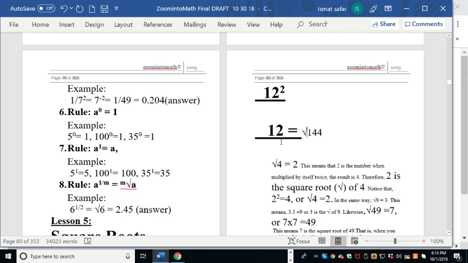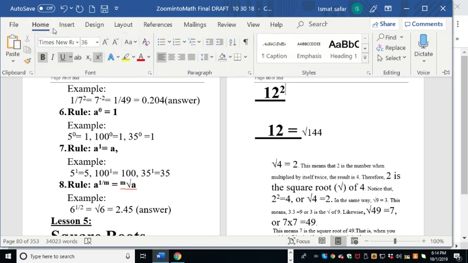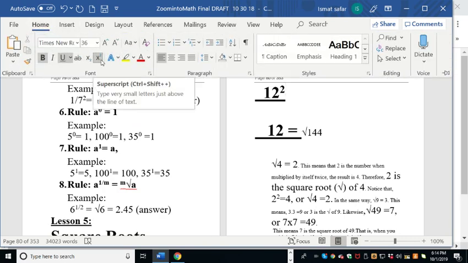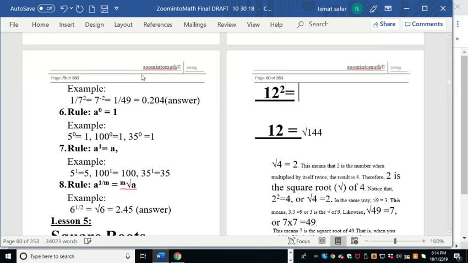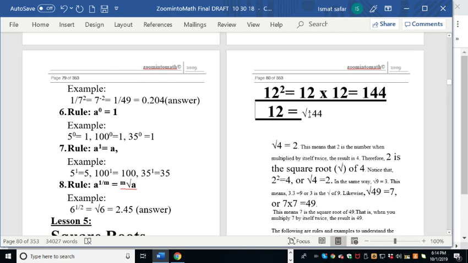So 12 squared means 12 times 12, which is 144. So 12 here is the square root of 144. That's what the rule says.